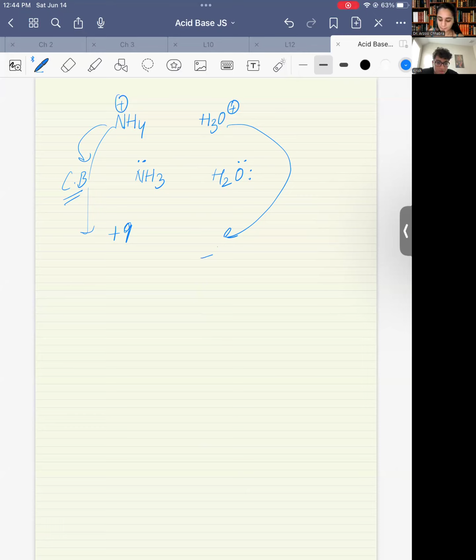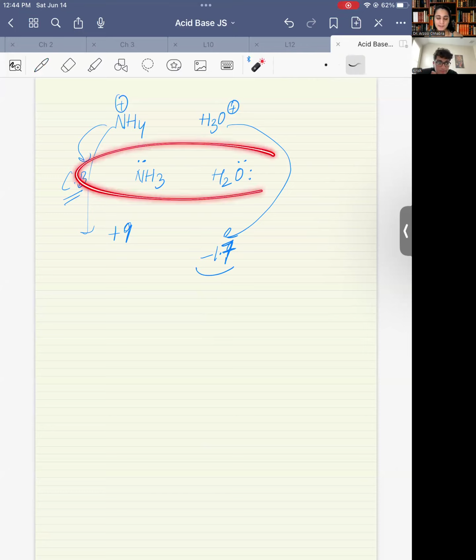So from the pKa's, we can already tell that H3O+ is more acidic. But they don't give you the pKa. That's just for the solution. Even so, we can think about the conjugate bases. These are the conjugate bases, and the lone pair is more stable on oxygen compared to nitrogen. So now, instead of comparing the negative charge, we're really comparing the lone pair.